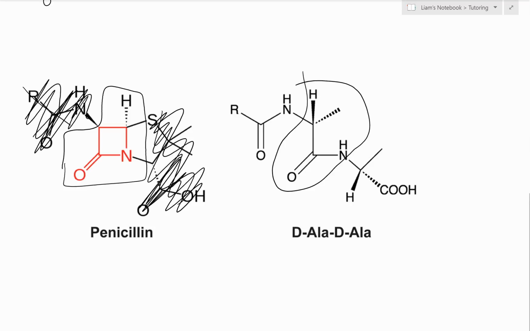So if you don't constantly replace it, then the wall will eventually deteriorate and the bacteria will die. That's the mechanism of action of penicillin and beta-lactams in general. So they're a very powerful class. We class them as what we call bactericidal.